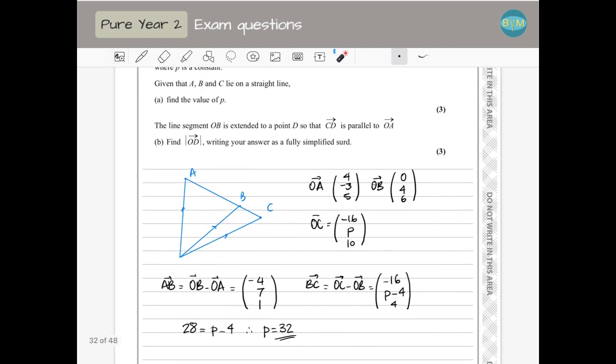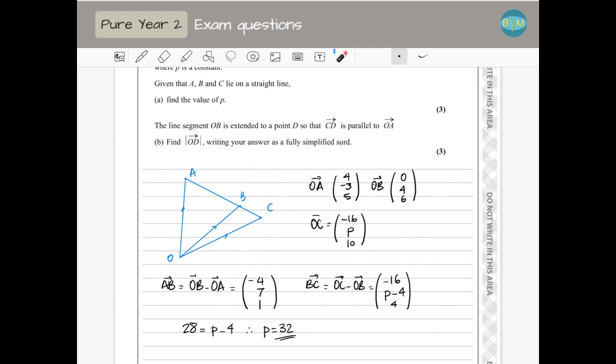Then they say line segment OB is extended to a point D, so that CD is parallel to OA. So this line, and this is O, this line is extended to a point D, so CD is parallel to OA.